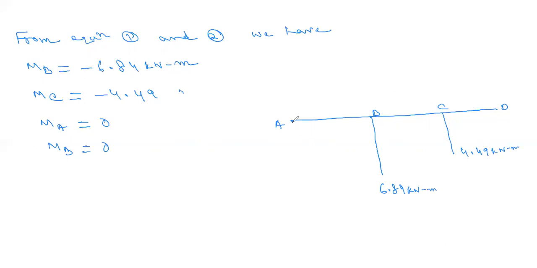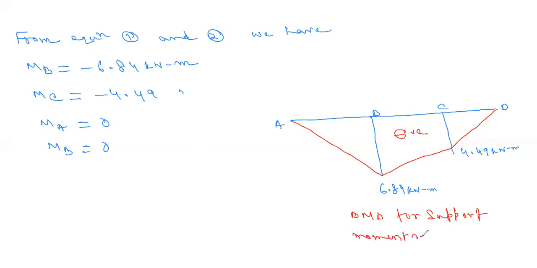So just join them with inclined lines. So this one is your negative bending moment diagram for support moments. Now we have to draw the resultant BMD for the continuous beam.